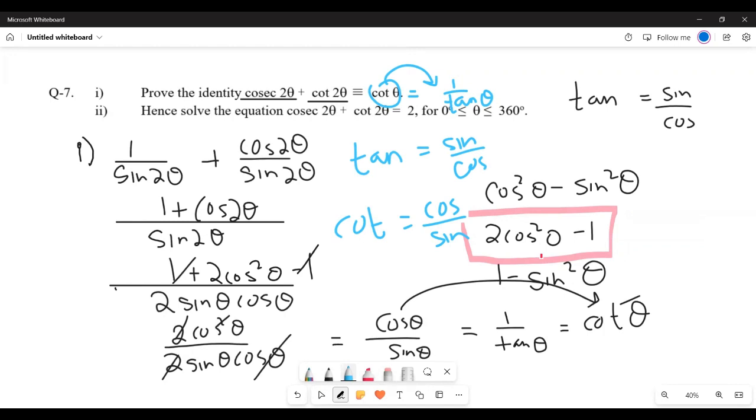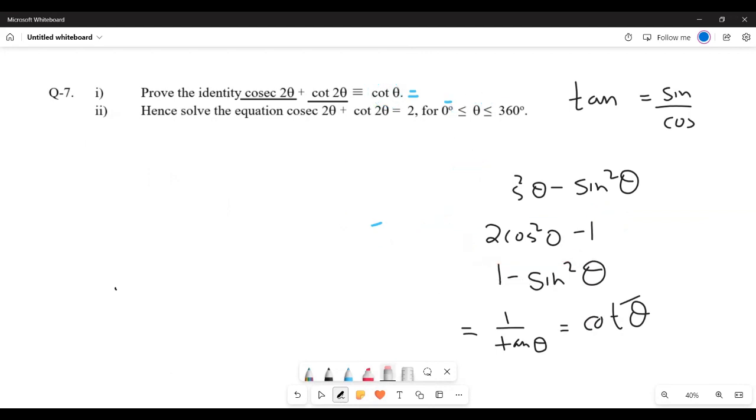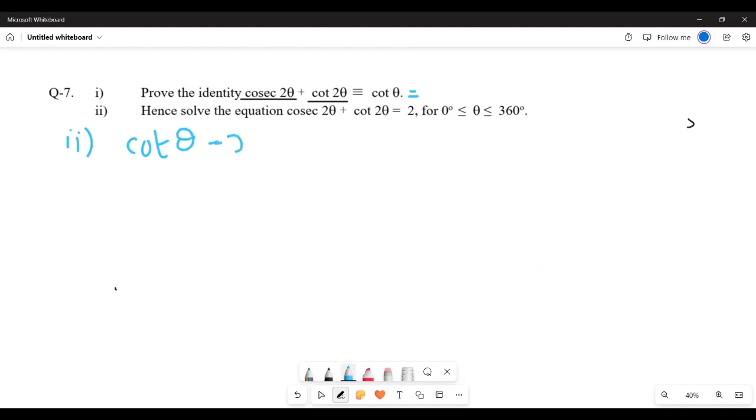Part 2 says, hence solve this equation. So the left hand side can be replaced with cot theta now from part A and equated to 2. Cot theta equals to 2 means 1 by tan theta equals to 2. Part 2, cot theta equals to 2.